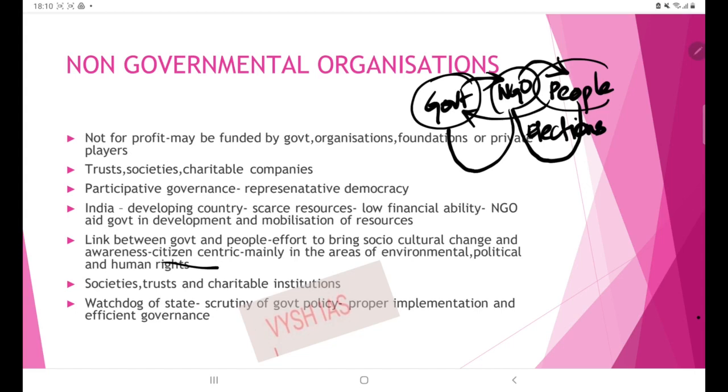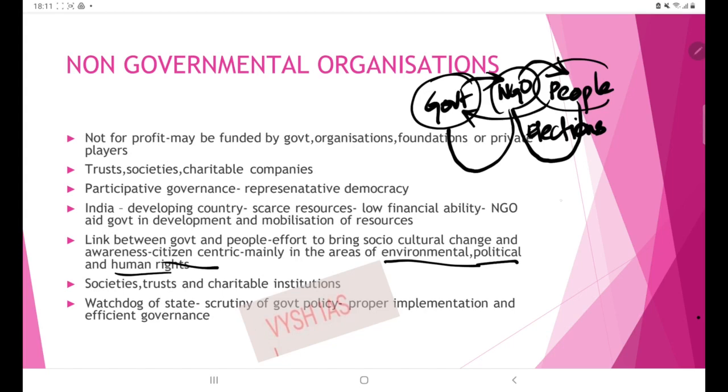It is working for the benefit of citizens, and the main areas of NGOs have been environmental, political and human rights. Bringing in environmental awareness among the people: some environmentally unstable projects coming in certain rural areas will be blocked by NGO participation, and these NGOs will give people awareness of the challenges of those projects.